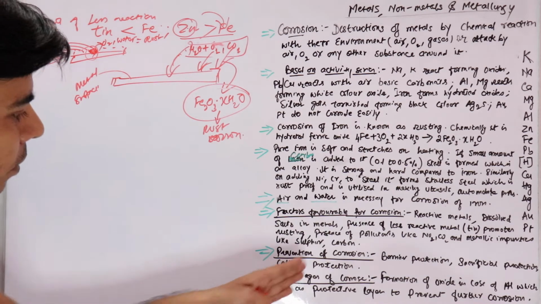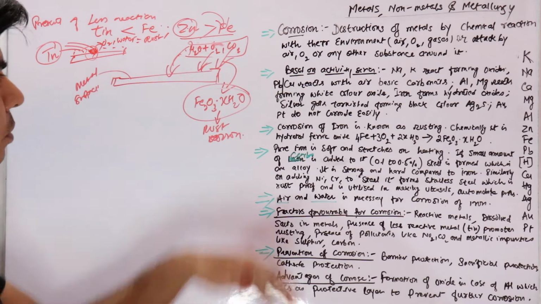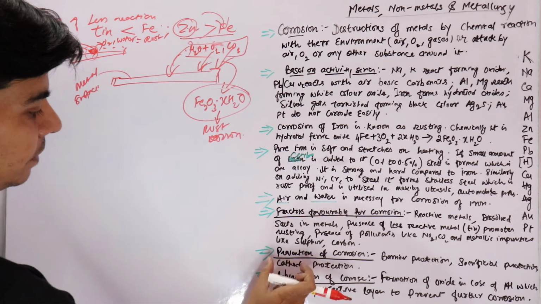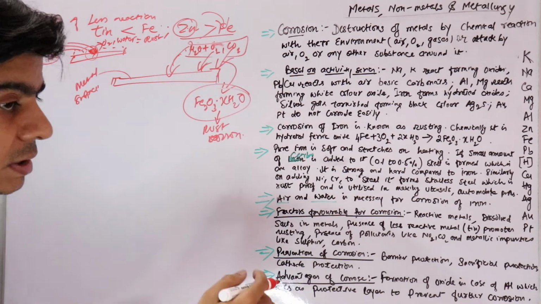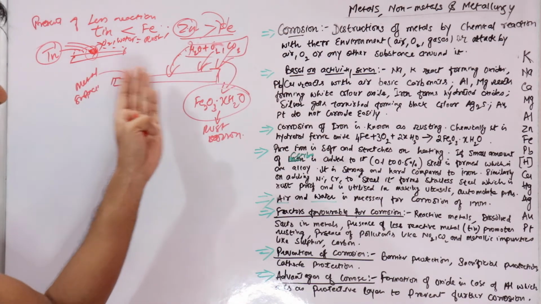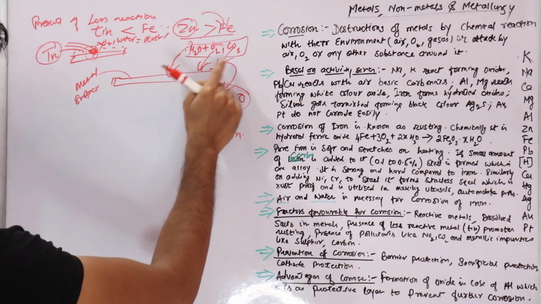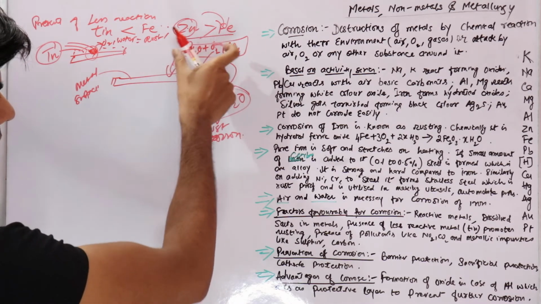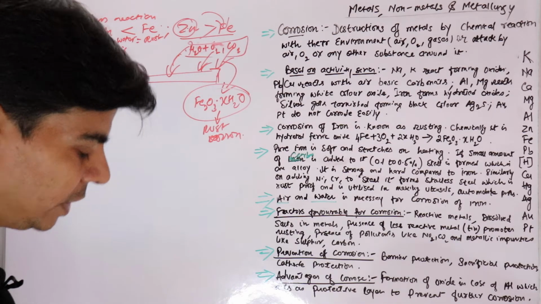So since these gases are reacting with the metal surface, what can we do to prevent this reaction? Because prevention of corrosion is preventing this reaction that is taking place at the surface of metals. If we can somehow stop these gases and water vapor from attacking the surface of metal, we can prevent rusting.